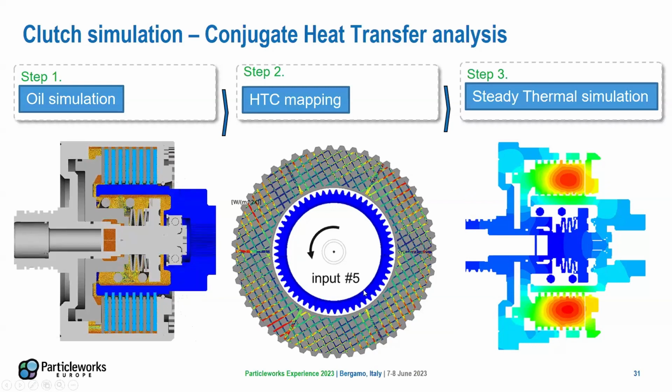Here you see an overview of one disk with the flow pattern and the most wetted or most cooled areas in red. And on the right, we have the temperature prediction by the steady-state thermal model, integrating the boundary conditions I mentioned in the previous slide: both the heat transfer coefficient due to oil and the heat sources.